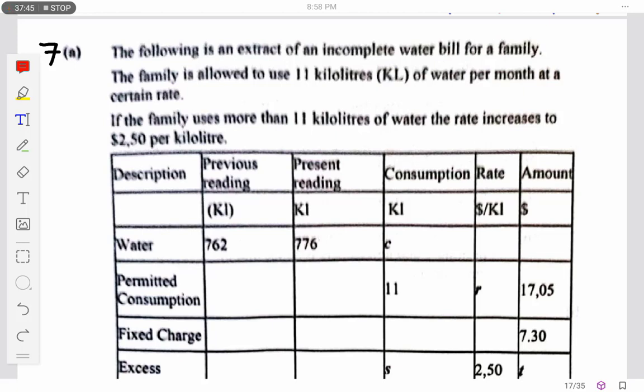So it means they have to use 11 kiloliters for a certain rate. Then if the family uses more than that, they are charged a certain amount. So if they use more, they are going to be charged $2.5 per kiloliter. So it means for the first 11, there is a certain amount that they pay.